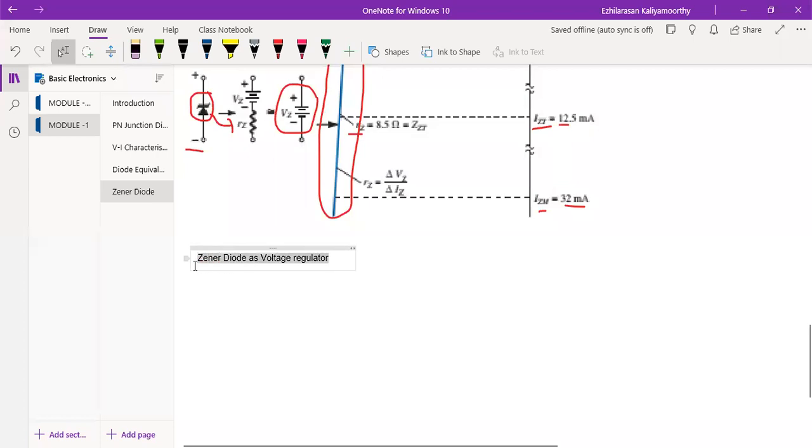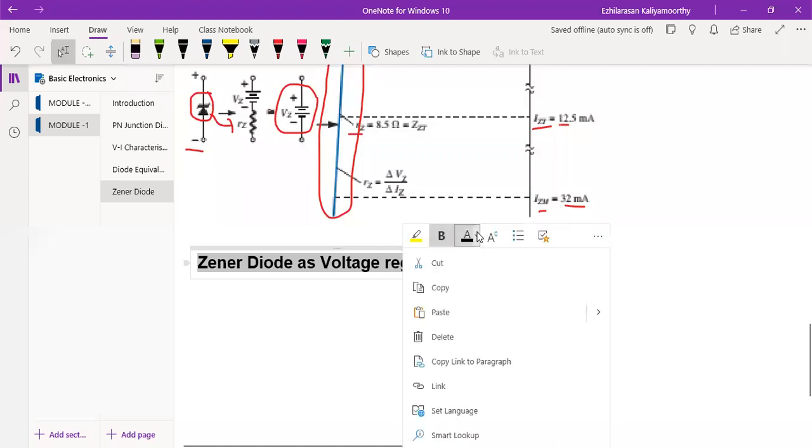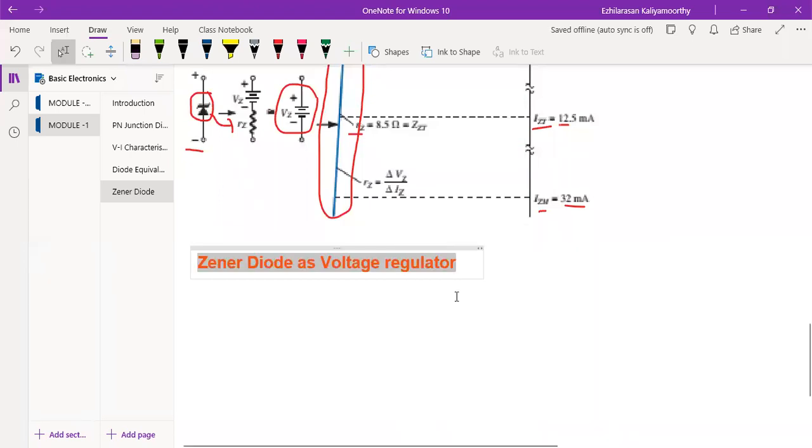How the Zener diode can be used as a voltage regulator, we need to know. For that, let us add something extra in the diagram. Okay, let me show the diagram, how it will be.